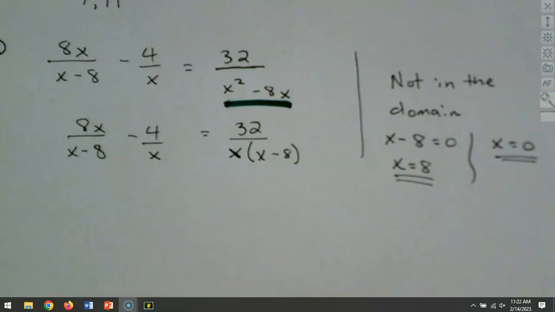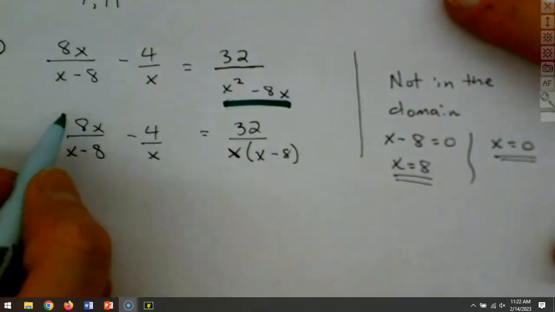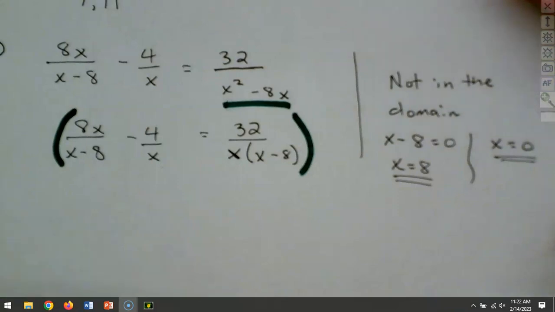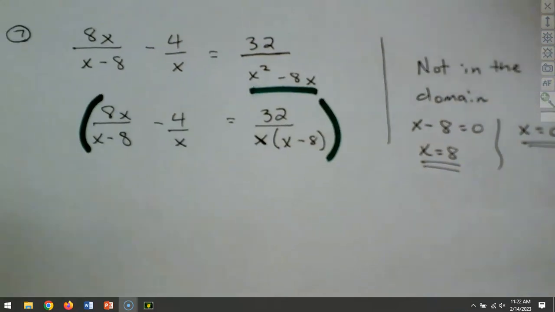Now, once we've gotten that figured out, now we need to clear the fractions. And I factored it to make it easier. So what am I going to have to multiply this by? Does anyone want to take a guess as to what I need to multiply this by to clear out all of our fractions at once?